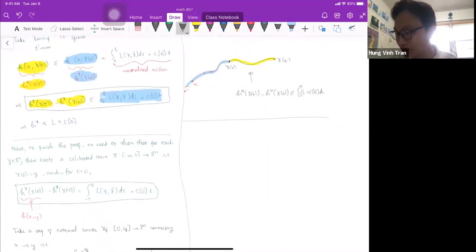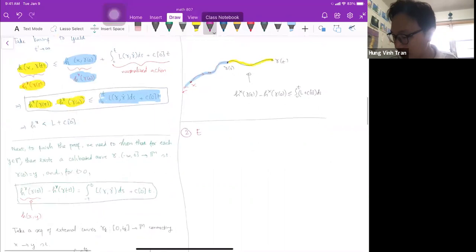So to finish the proof, now we need to start with the second point, which is to prove the existence of calibrated curves, right? For, let's say, y given.